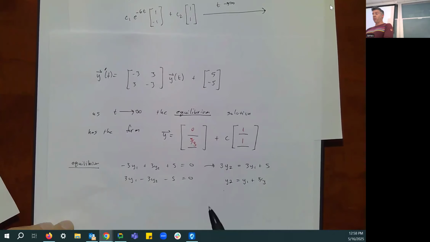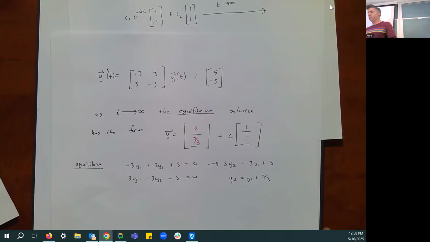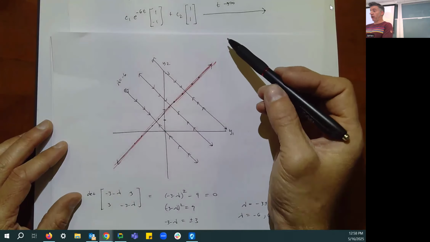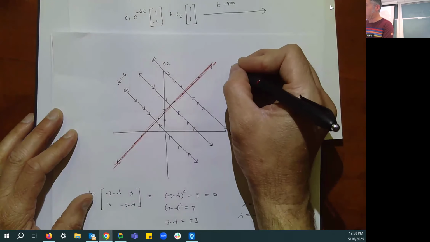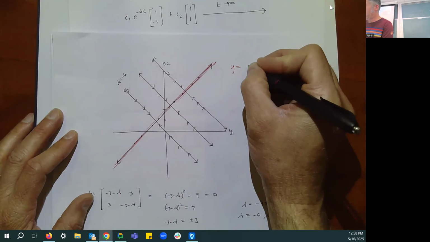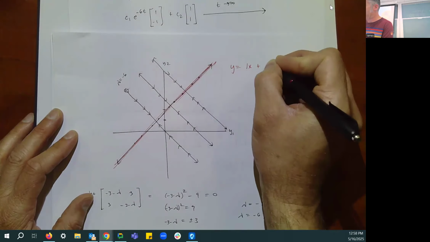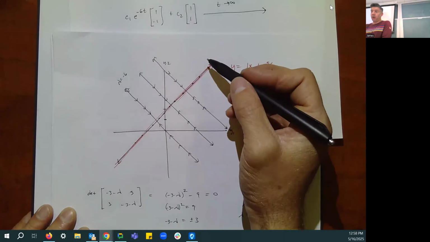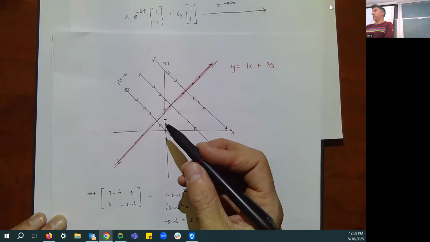Right? So all we're really doing here, in kind of the most complicated way possible, is writing the equation of this eigenline. The equation of this line is y equals 1 times x plus 5/3. This line has a slope of 1, and one of the points on the line is (0, 5/3).